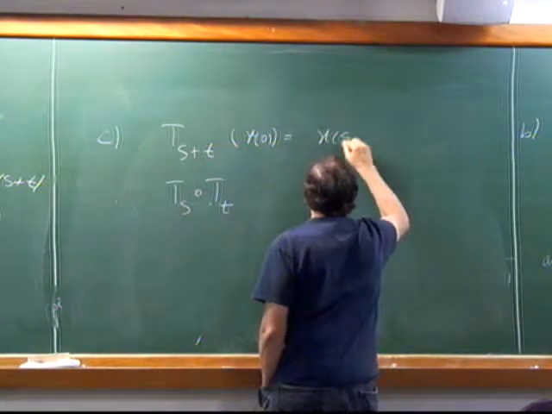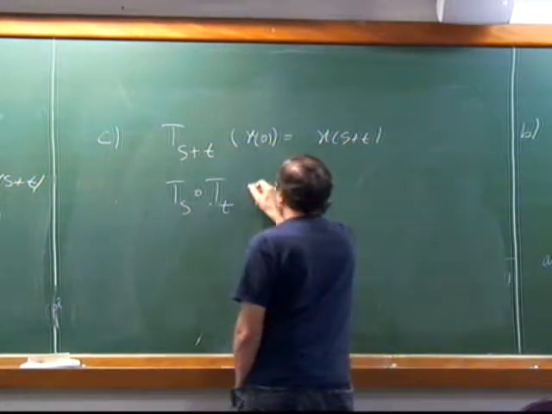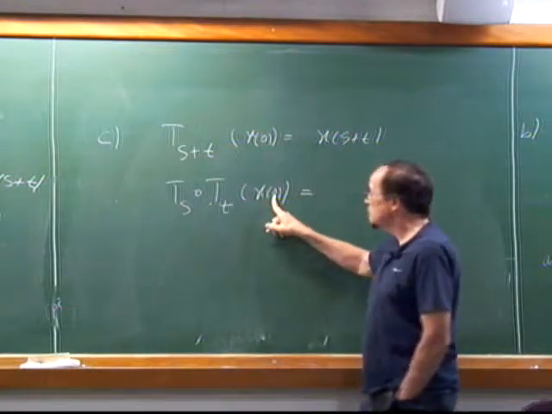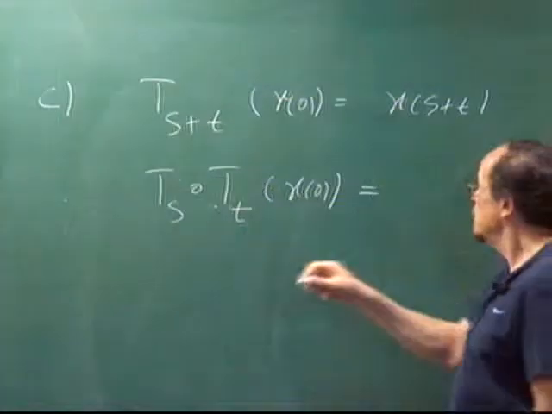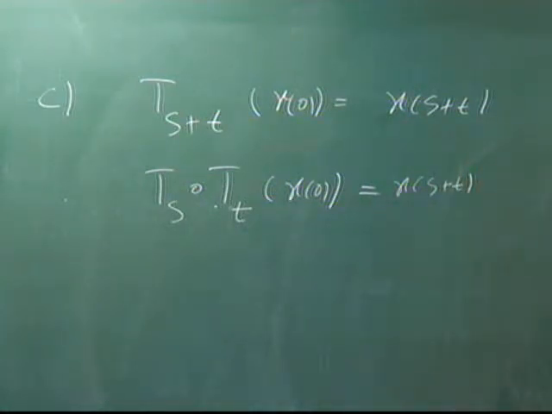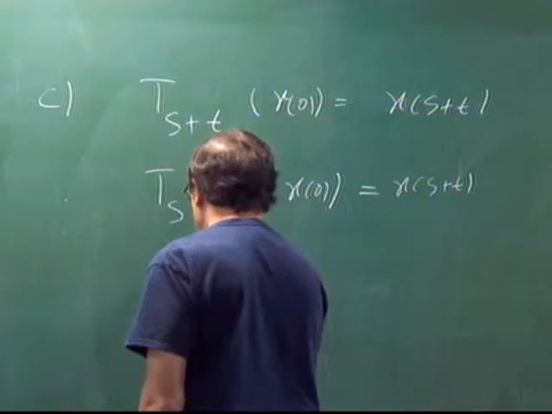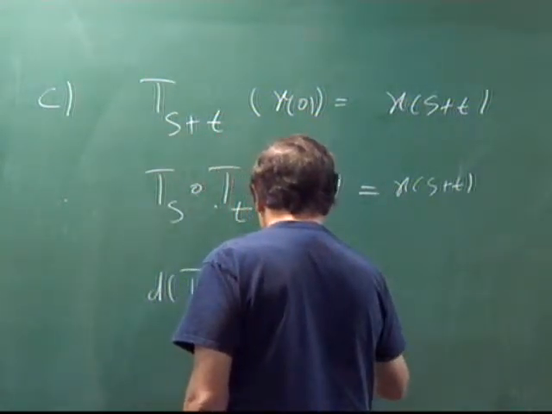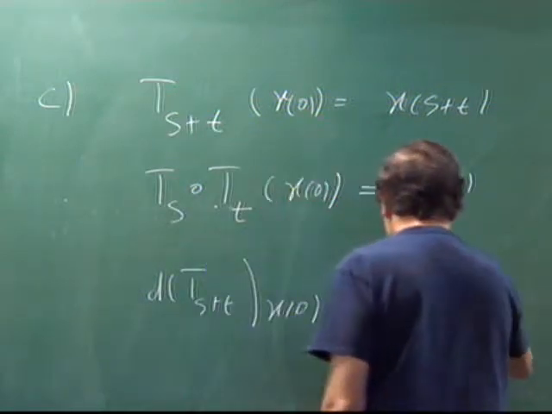It takes it to gamma of S plus T. Here it takes this gamma of 0, first add T to 0, and then add S to T. That's the same point. And the derivative of T_{S+T} at gamma of 0 is parallel translation.